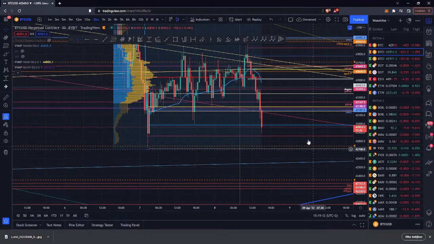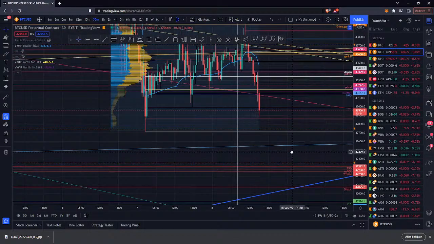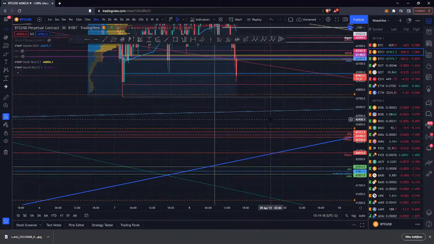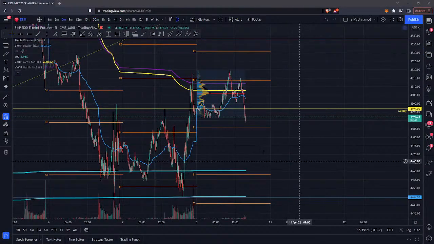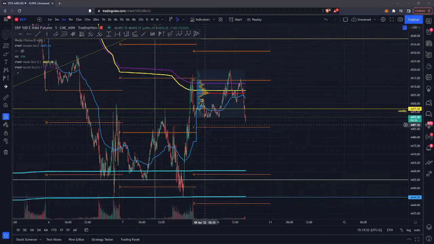Now the question is, are we going to sweep these lows or are we going to fall back completely? ES still hasn't reached the daily pivots. And even if it reaches this, we kind of lost this SR flip.